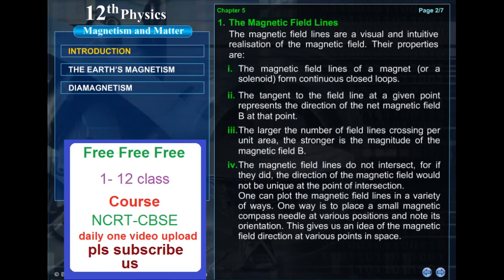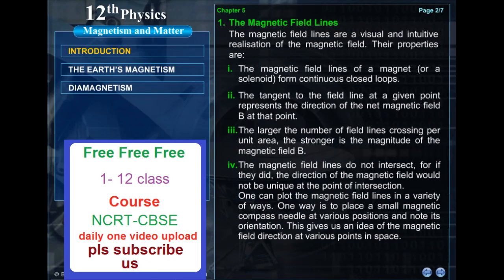The magnetic field lines. The magnetic field lines are a visual and intuitive realization of the magnetic field. Their properties are: the magnetic field lines of a magnet or a solenoid form continuous closed loops. The tangent to the field line at a given point represents the direction of the net magnetic field B at that point.